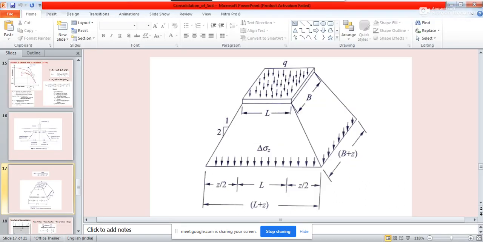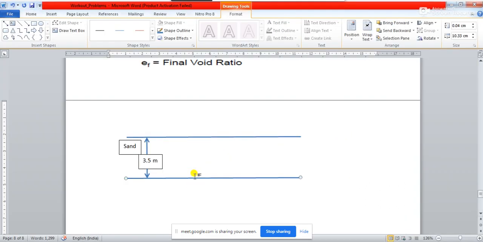So under this sand layer, there is a clay layer. Okay, and you see the thickness of this clay layer. So this is the layer of clay.